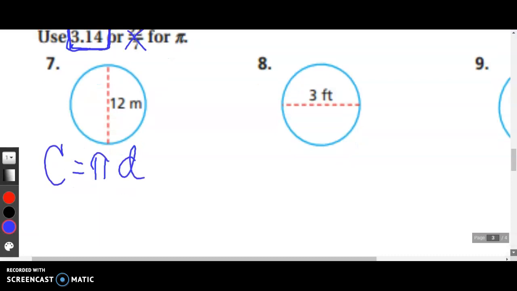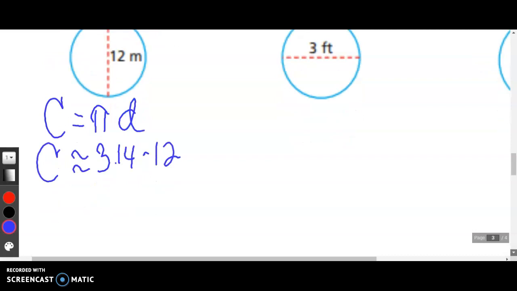Then we're going to rewrite. We don't know the circumference. We're going to use a value for pi, so we're going to change it to the about equal sign, 3.14 times, and then the diameter is 12. And then you go and you actually use your calculator to do 3.14 times 12, and you get 37.68.